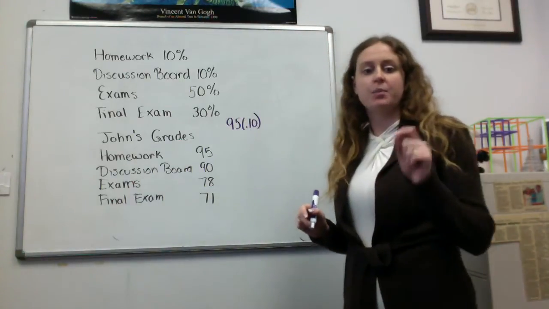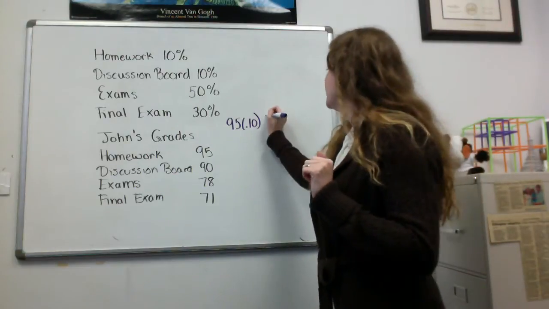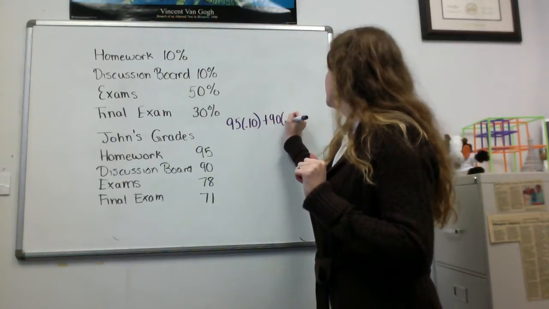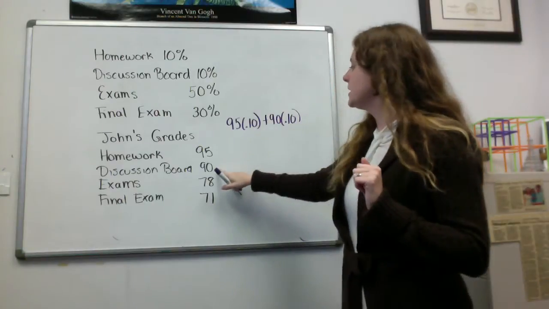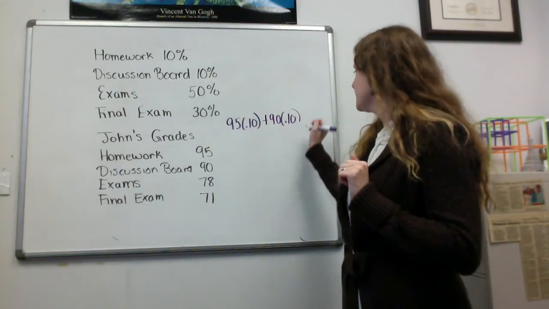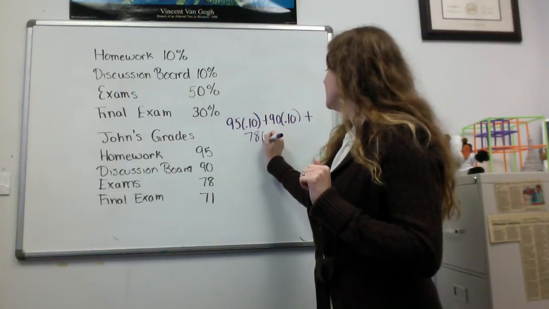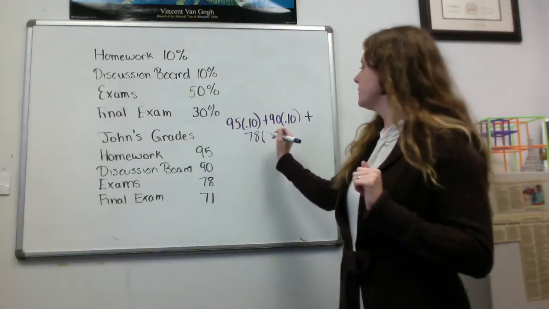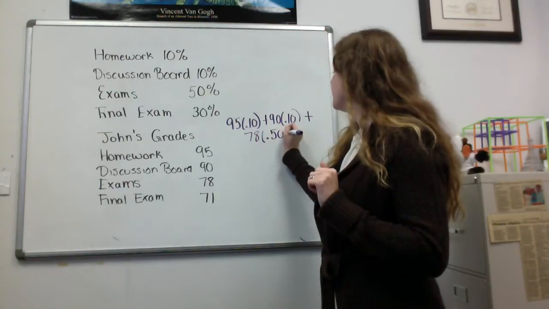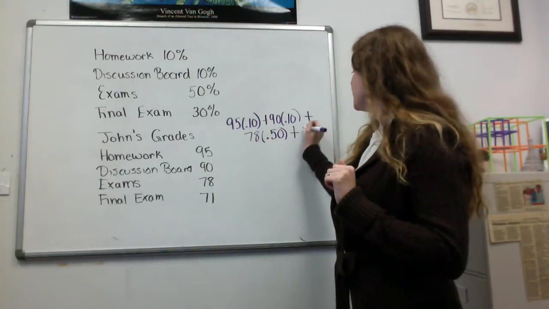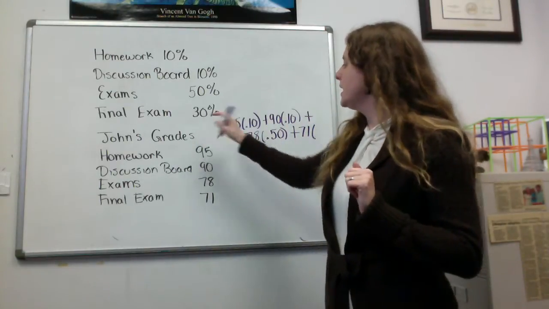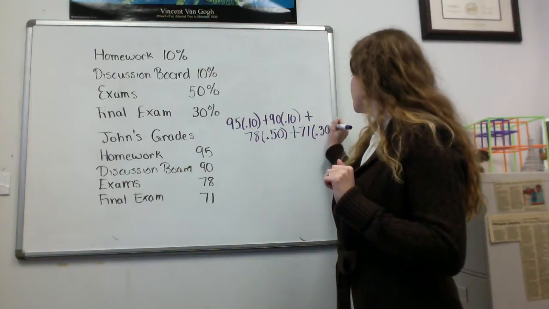I'm going to write 10% as 0.10 as a decimal. Then 90 times 0.10, because discussion boards are worth 10%. Exams are worth 50%, so 0.50, and he made a 78. And then the final exam scored a 71, and it's worth 30%.